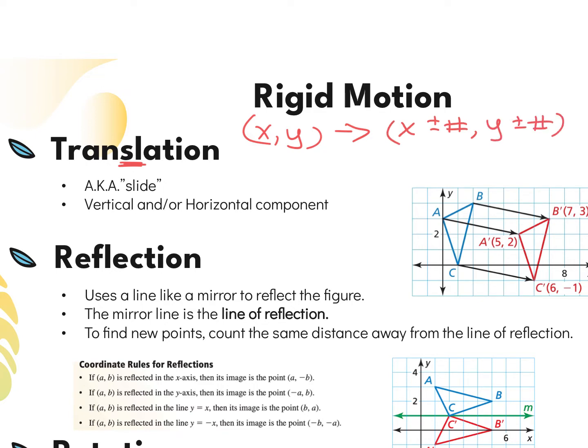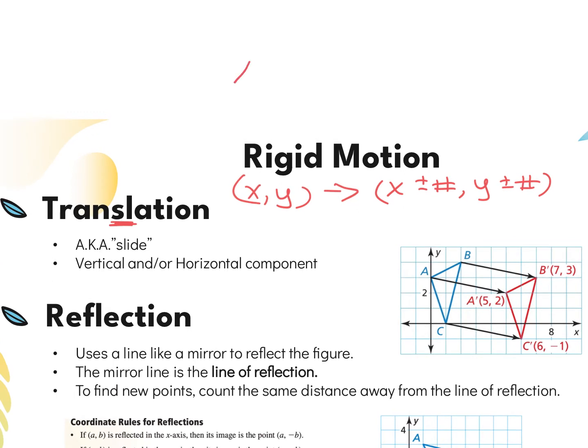If there is a number that is subtracted from x, this is going to be a translation to the left, whatever the number is. So if it were x minus 4, that would be 4 units to the left. If the x has something added to it, that will be a shift to the right. These are the horizontal shifts.